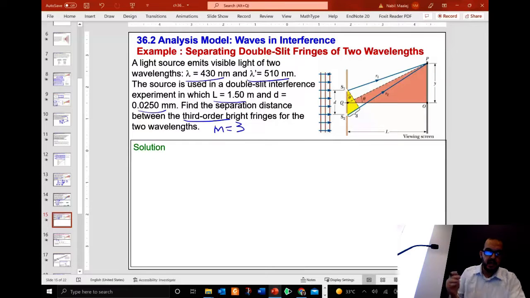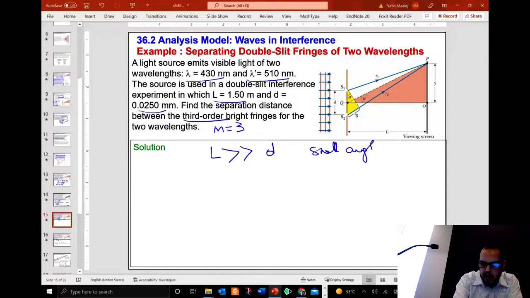So I just write the equation, and again I will use the small angle approximation because L is much larger than the distance d. The third order will be somewhere here, so I can assume small angle, and I can determine the separation between the bright fringes.